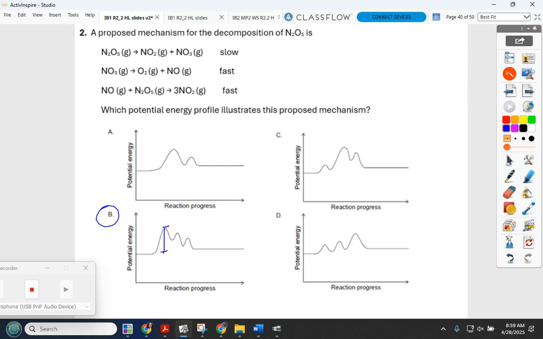Exactly. So the largest activation energy has to be the first step, and there have to be 3 transition states for our 3 different steps. Good.